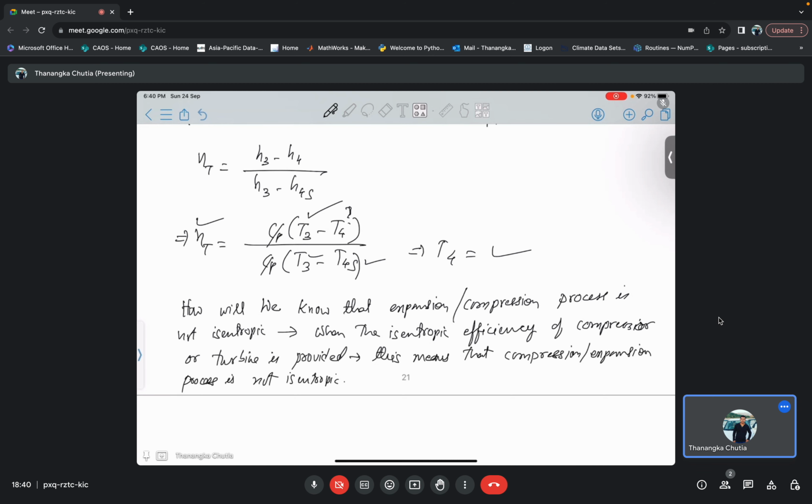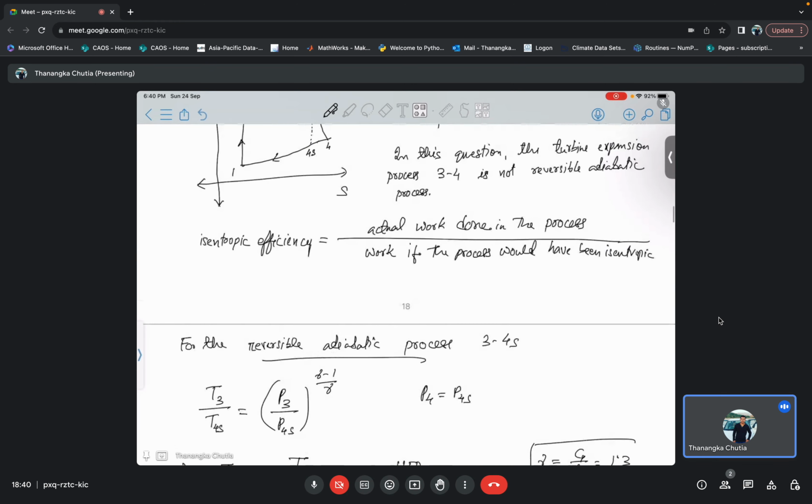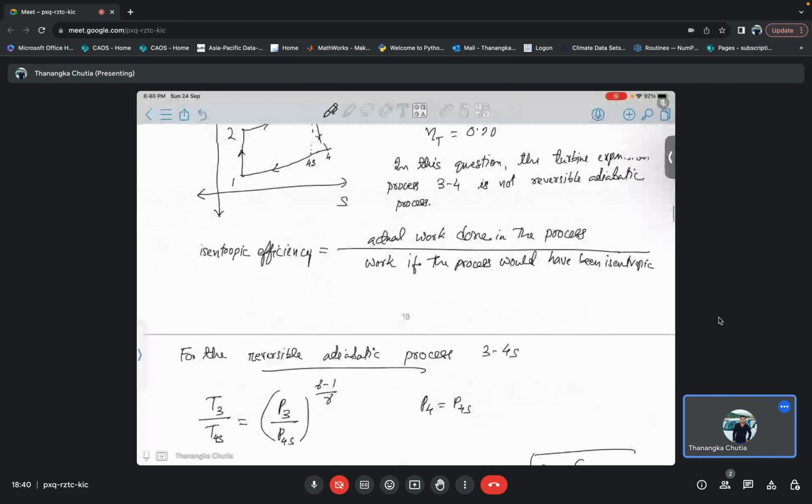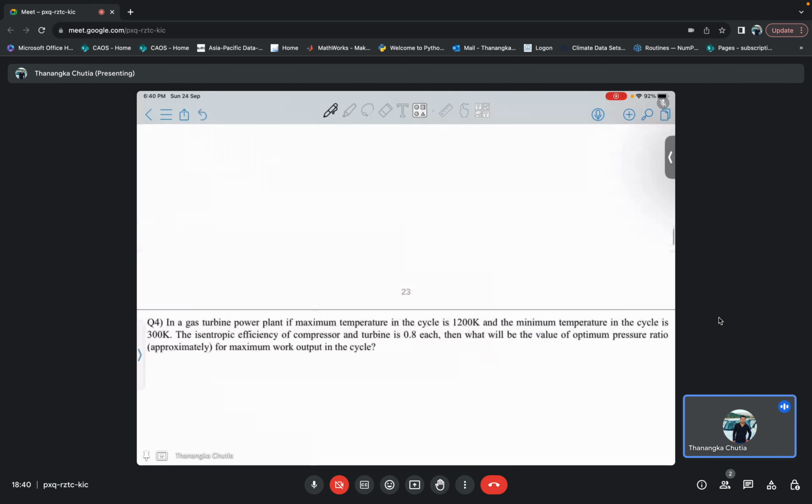Here nothing was said about the compressor, so we have taken it as completely reversible adiabatic, that is isentropic. Is it clear?